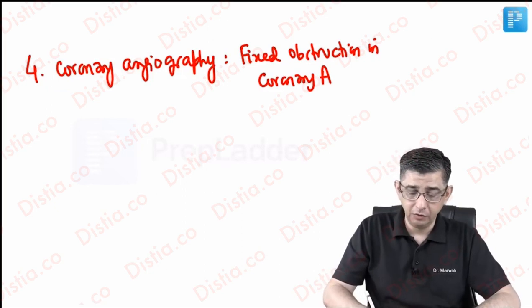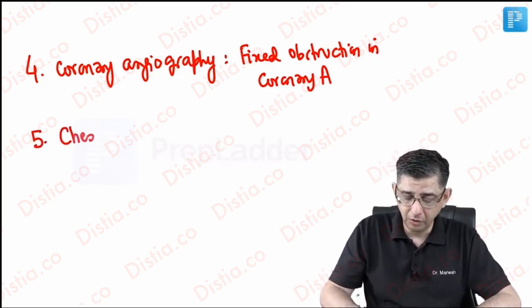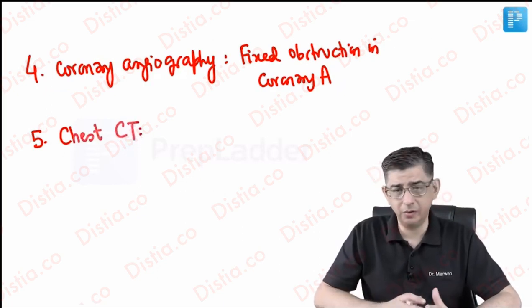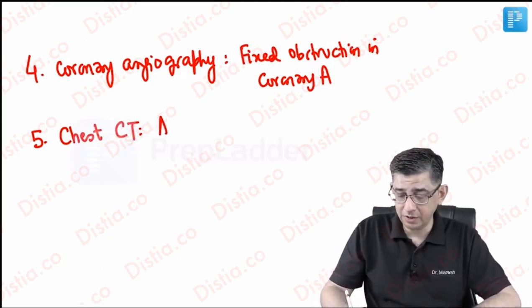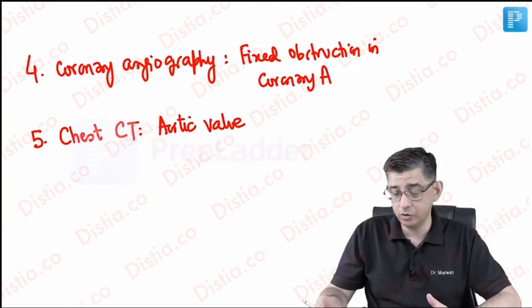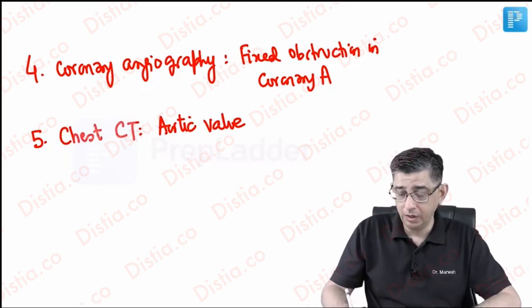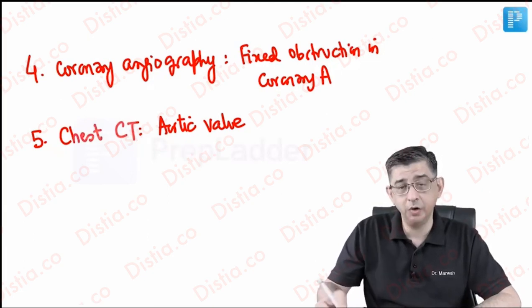The fifth investigation that I can do in this patient is a chest CT. Now, whenever I have discussed a valvular lesion with you, I have always talked about echocardiography, but this is the first time that I'm introducing a chest CT. You see, the advantage of a chest CT will be mainly that it will be not only able to pick up a calcification, but it will also be able to help you in anatomical reconstruction of the aortic valve, because you see, there were a lot of causes that I explained to you.